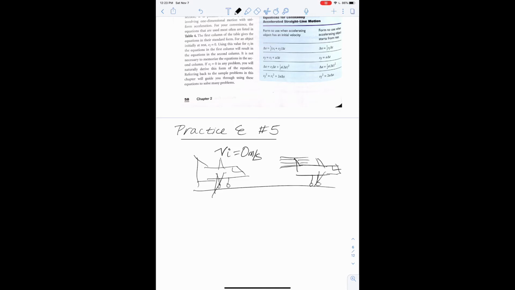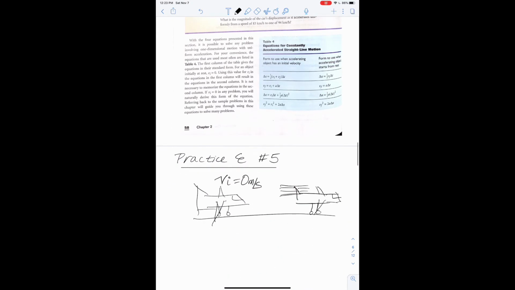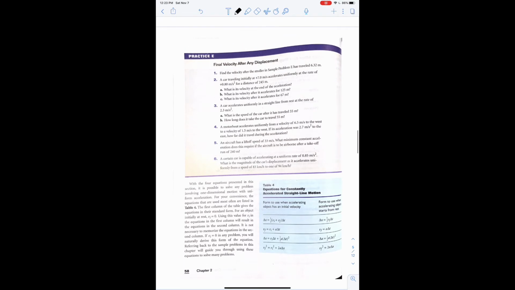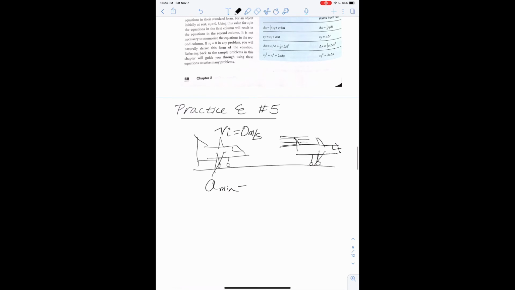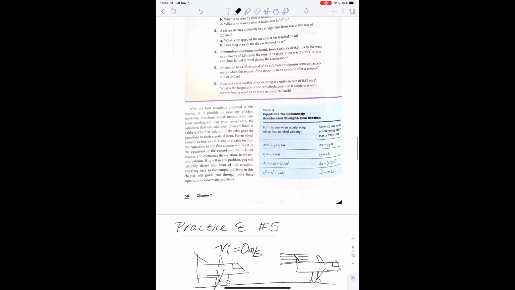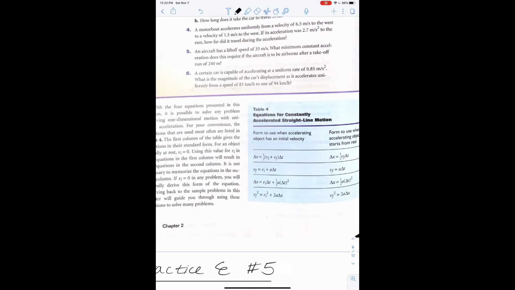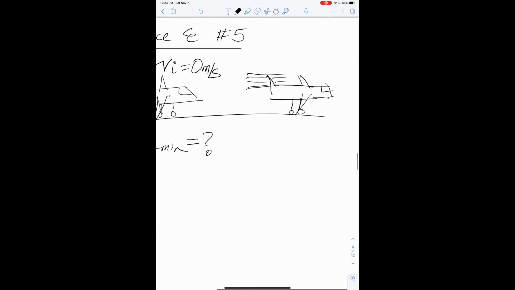All right, so now that we understand that the aircraft is going to accelerate along this runway, some minimum acceleration, because it could accelerate at any rate, but we want to know what's the minimum. And it's a constant acceleration. So I'm going to write, equals question mark. That's what we want to know. We also know the liftoff speed is 33 meters per second, so that's going to be the final.